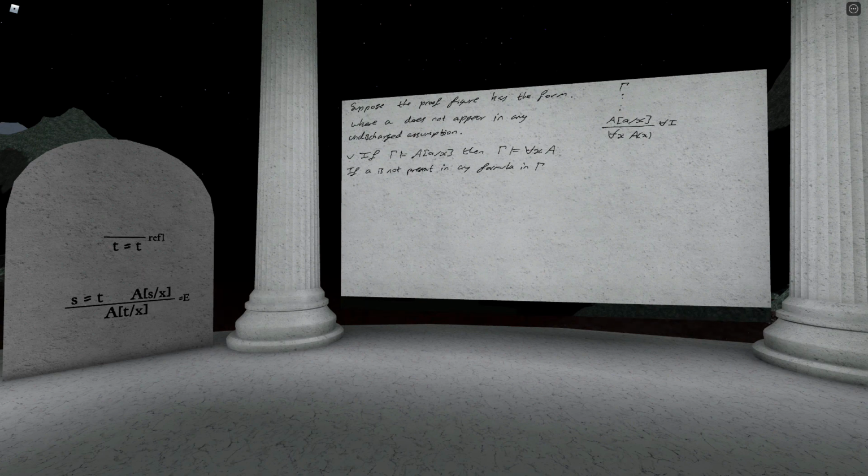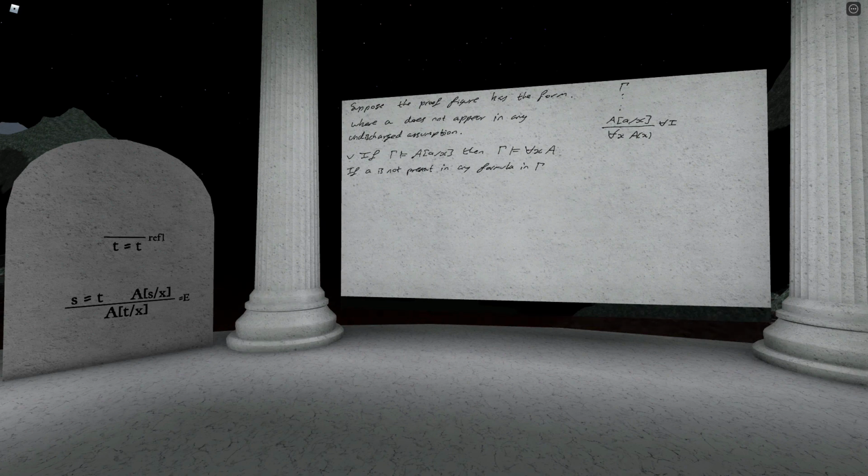The issue I was recognizing is that this proof figure might not have any lowercase a's in the undischarged assumptions, but as a proof from gamma, gamma might have a appearing in some of its formulas. But I can get out of this by recognizing that this subproof counts not only as a subproof from gamma, but also as a subproof from just the set of undischarged assumptions.